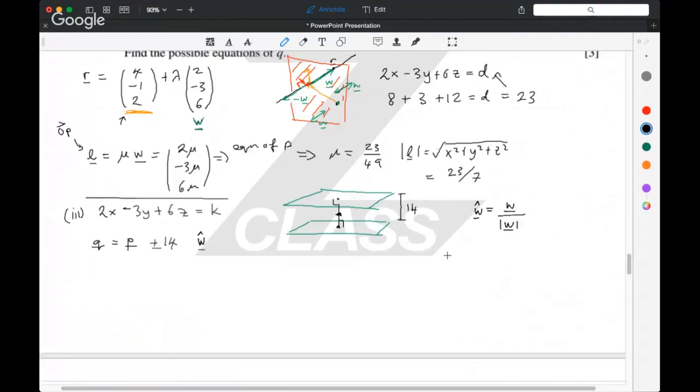So here the length of W is the square root of 4 plus 9 plus 36, which is equal to the square root of 49, which I believe is 7.